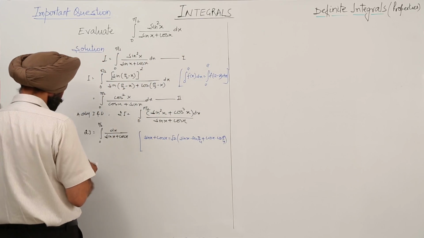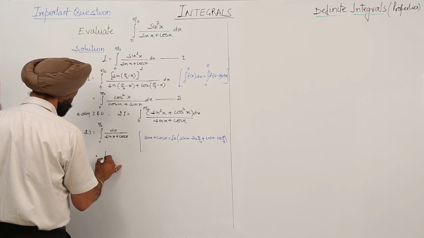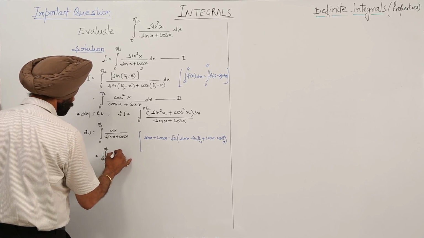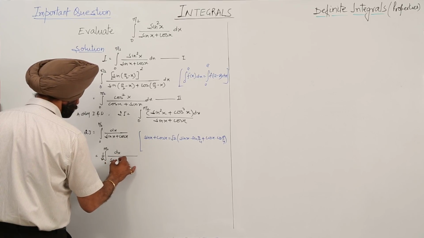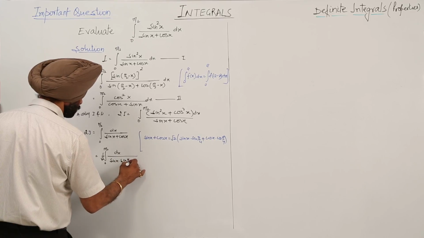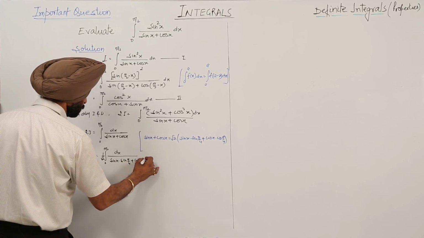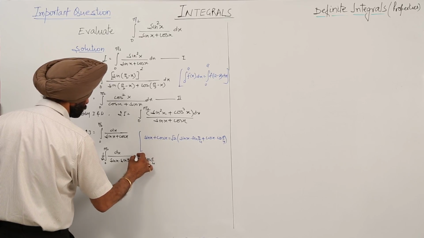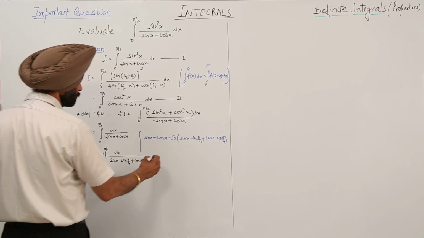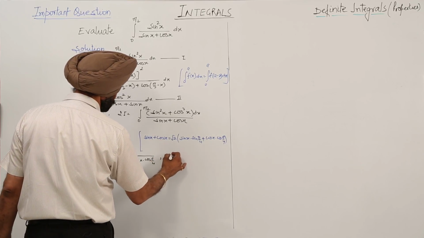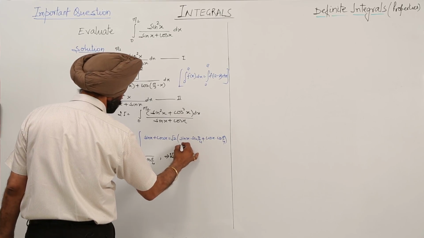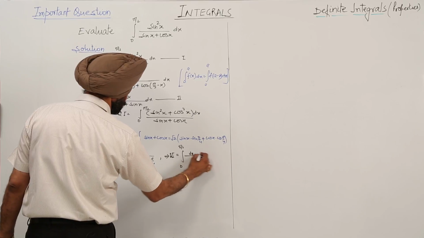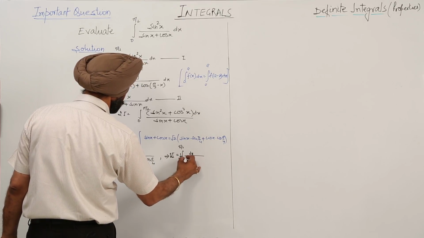Now what our question becomes: integral 0 to pi by 2, 1 upon root 2, dx upon sin x sin pi by 4 plus cos x cos pi by 4. This is equal to integral 0 to pi by 2 dx upon 1 upon root 2.